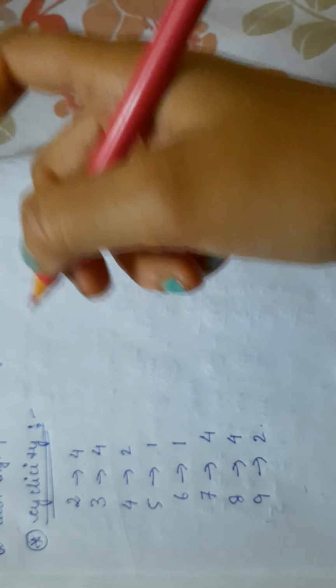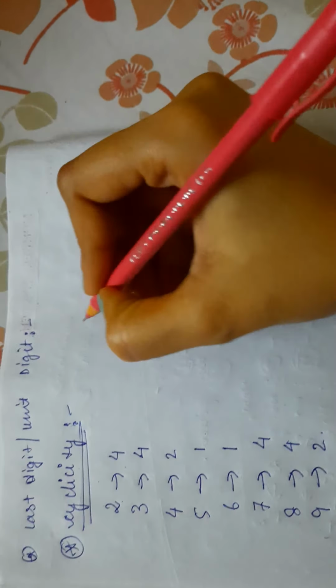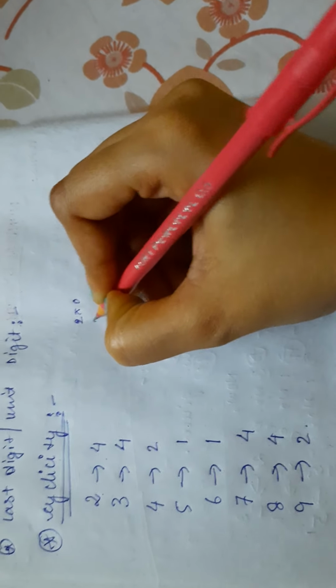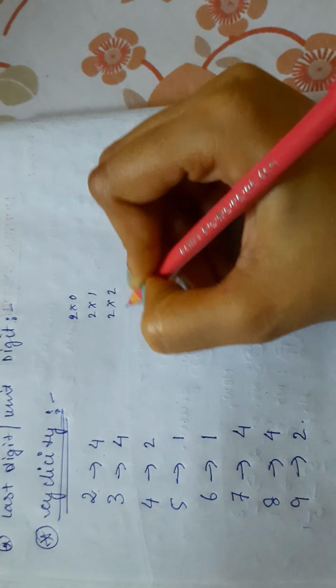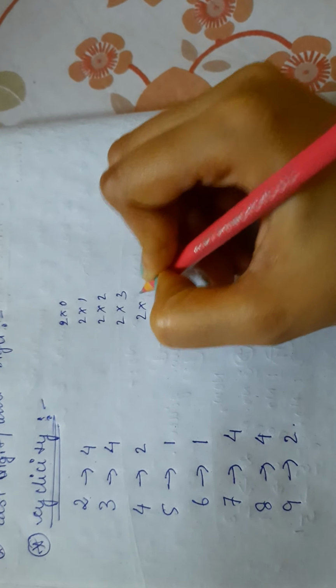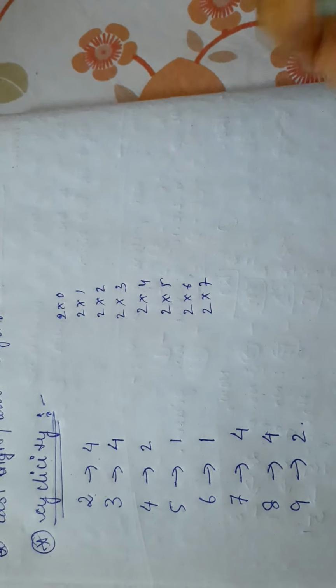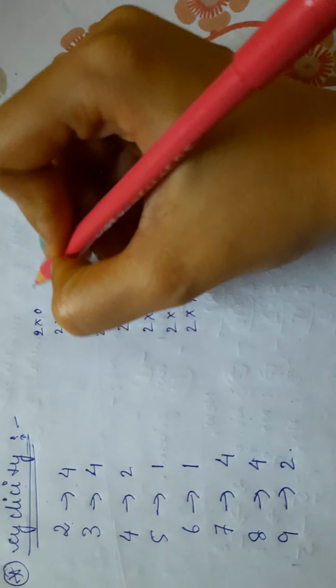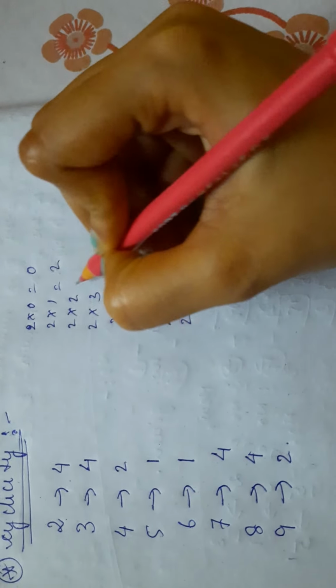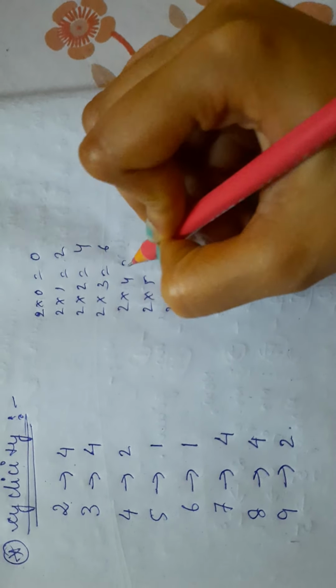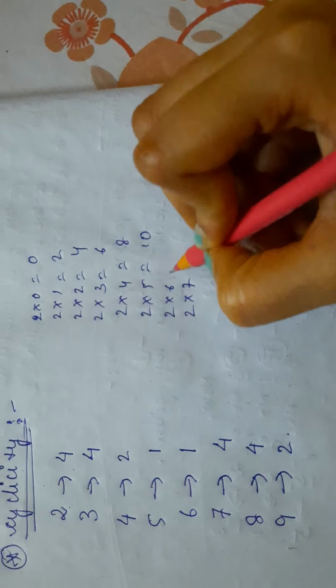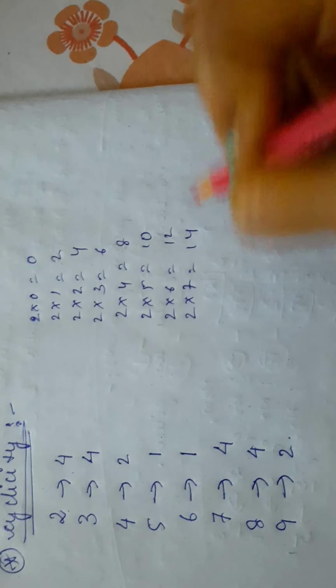This means the last digit of 2 multiplied by 0, 1, 2, 3, 4, 5, 6, 7 gives 0, 2, 4, 6, 8, 10, 12, 14.